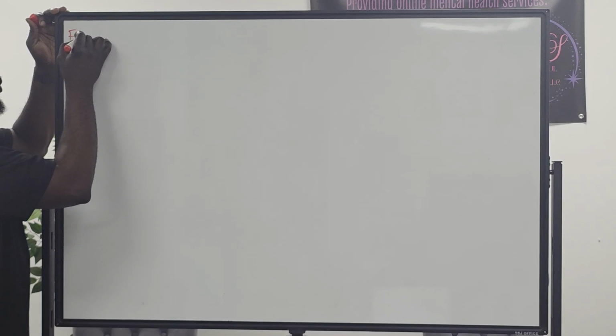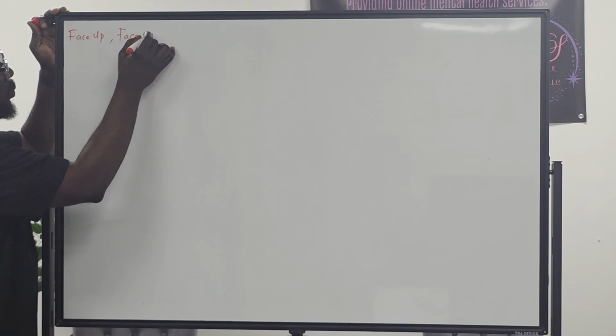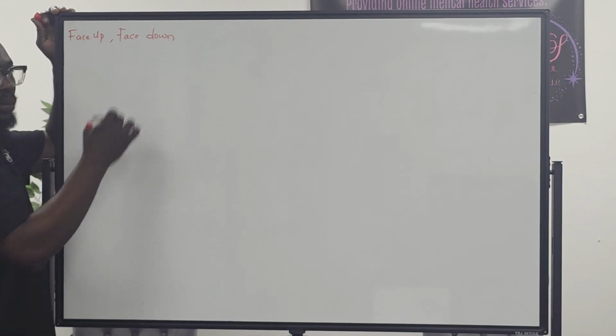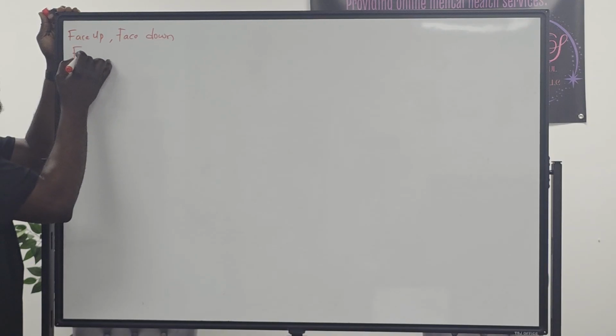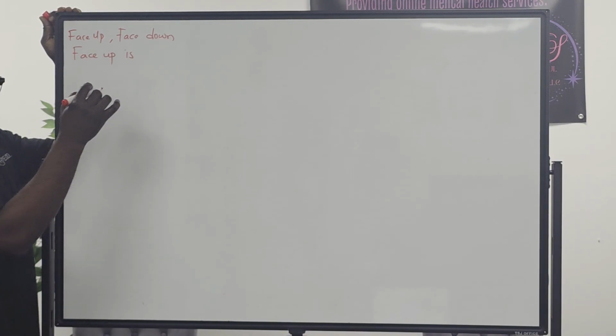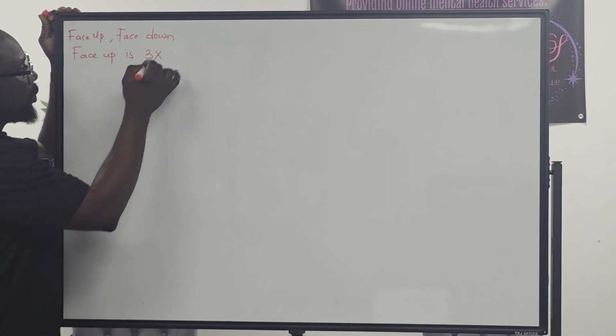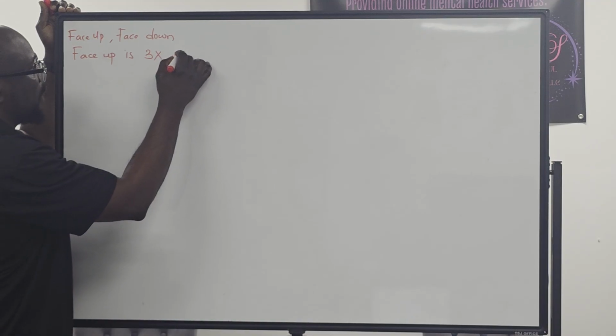Each time coin C is tossed, it lands face up or face down. So we have face up, or face down. The probability of landing face up is 3 times the probability of landing face down.